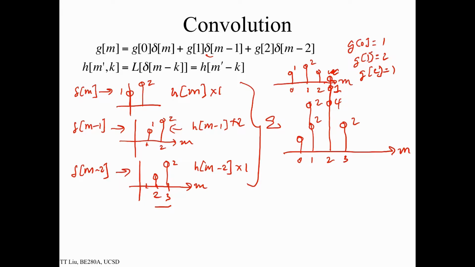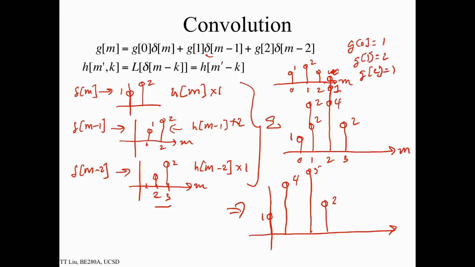Okay, so when we do all that, our output is going to look something like this. We're going to have 1 here, 2 plus 2 is 4, 4 plus 1 is 5, and then we just have this 2 over here. So it's locations 1, 2, 3, and 0.